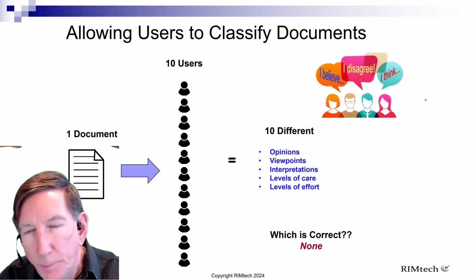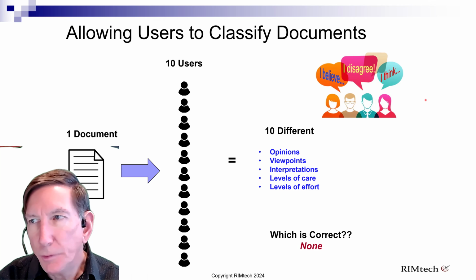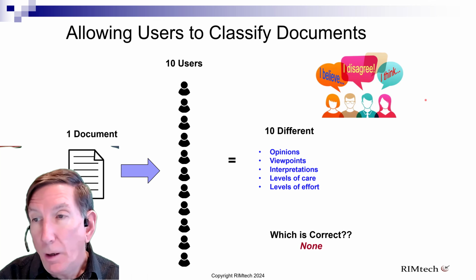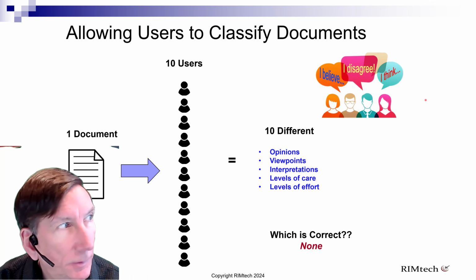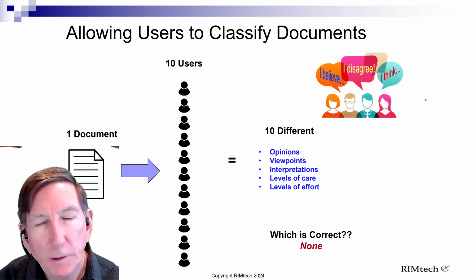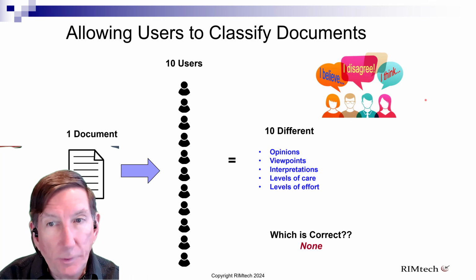Now, any experienced records manager knows this: if I give one document to 10 random users in your organization and ask them, is this a record? And then I ask them, show me where it belongs in the retention schedule, classify it against the retention schedule, you know what's going to happen, right? I'm going to get up to 10 different answers.